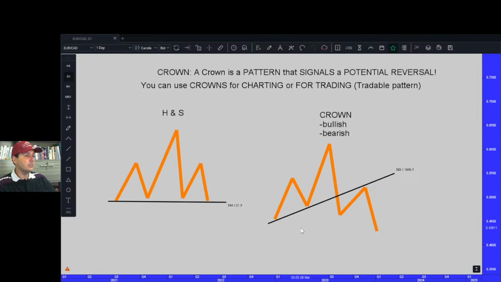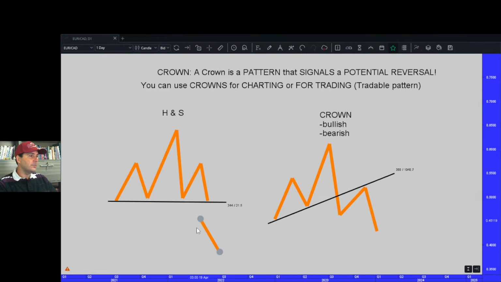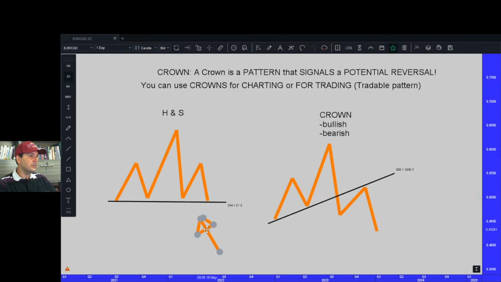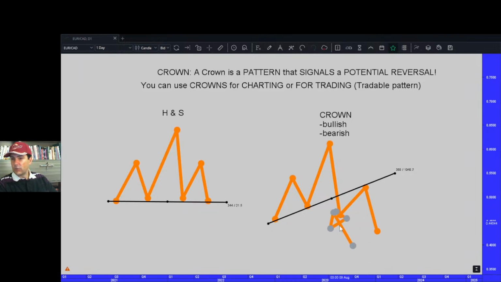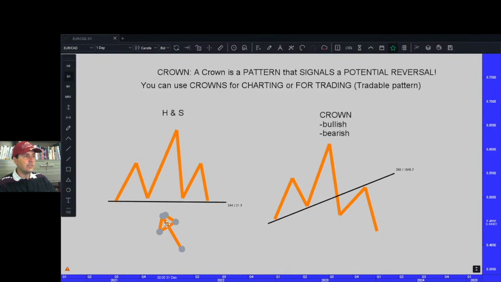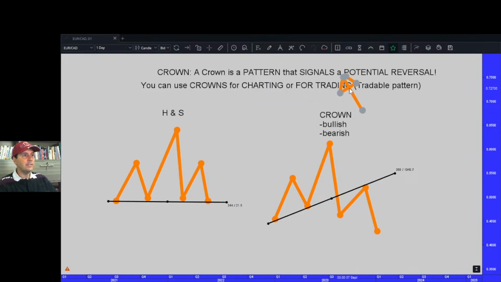Forex course 202. Alright everybody, what do you see is the difference in here? What's the difference between head and shoulders and a crown? Crown is a pattern that signals a potential reversal. This is a crown.